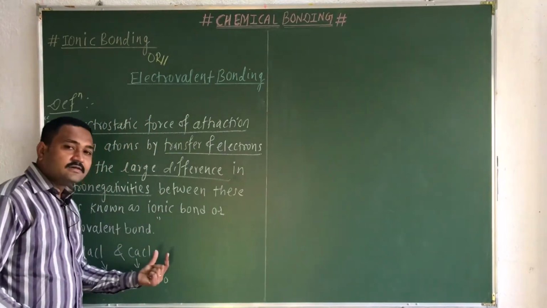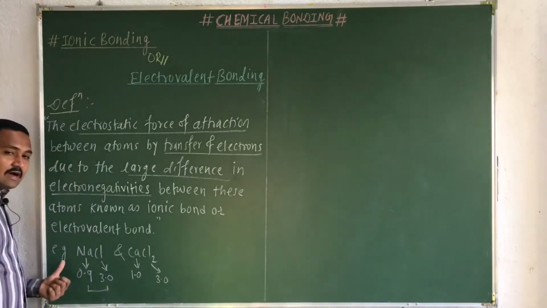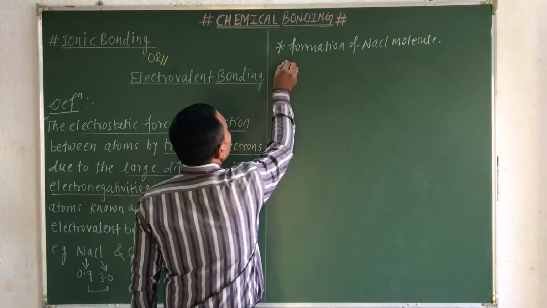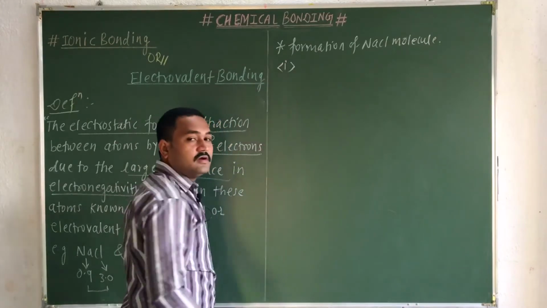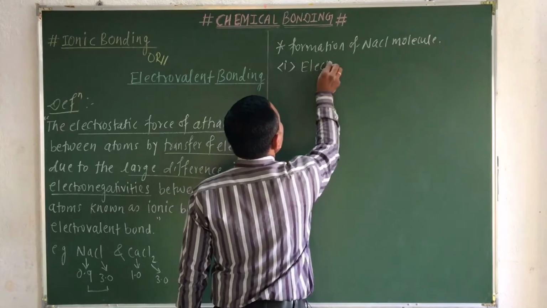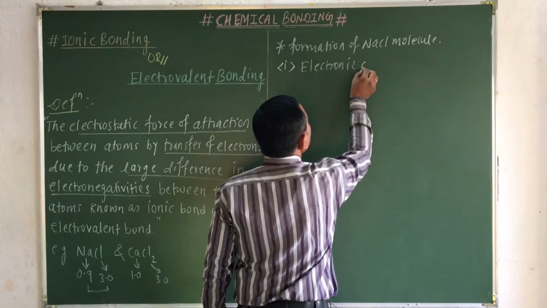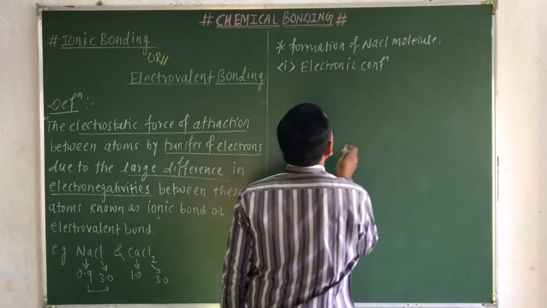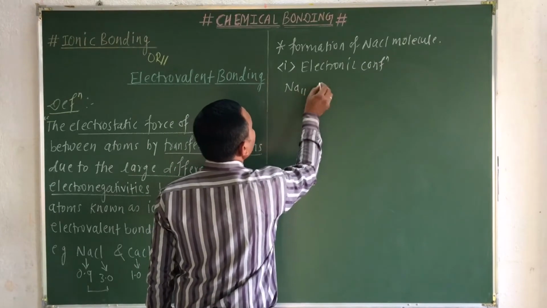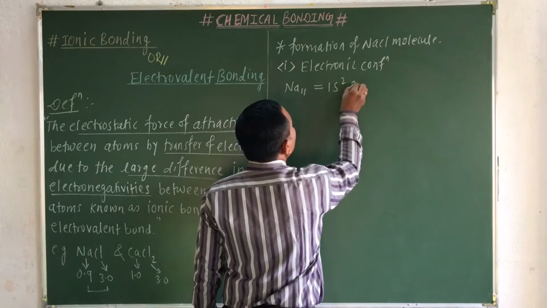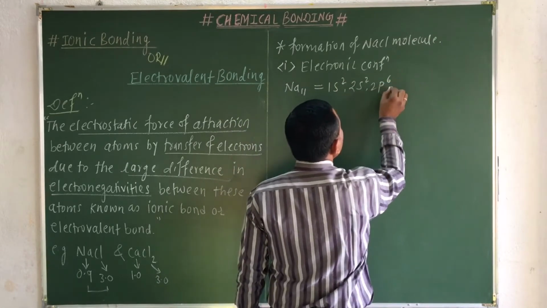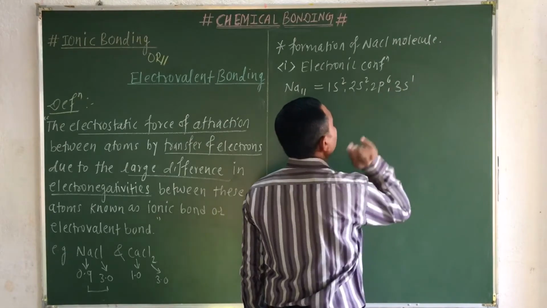Let us consider the formation of NaCl, how the ionic bond is formed. First of all, let us consider the electronic configuration of sodium and chlorine. Sodium has atomic number 11, its electronic configuration is 1s2, 2s2, 2p6, 3s1.